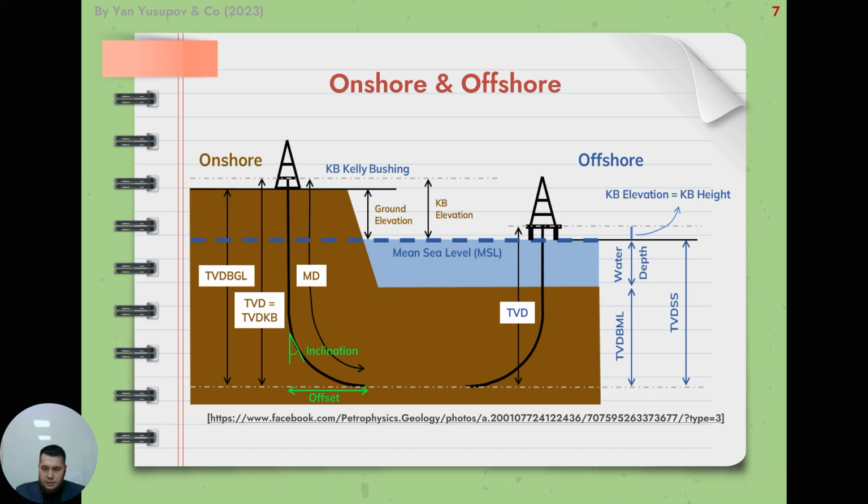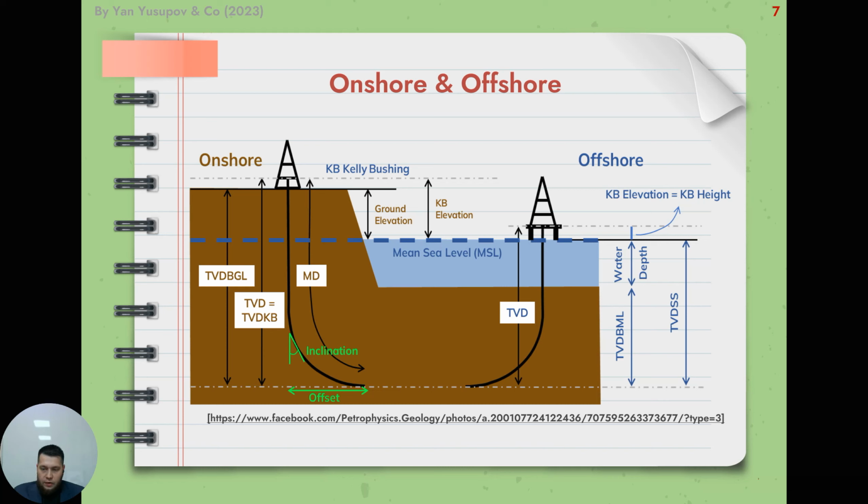True vertical depth below ground level equals true vertical depth from Kelly bushing minus ground level. True vertical depth is the vertical distance from definite depth Z to Kelly bushing. And MD is the measured distance from Kelly bushing to definite depth Z along the cable.